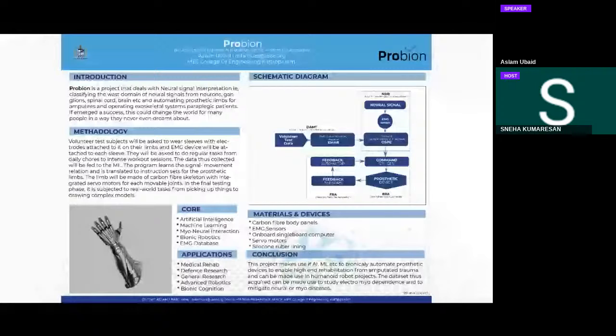So we wanted to make a more precise, more concise way to harvest these EMG signals, and we learned more about reinforcement learning, which is a type of learning algorithm.